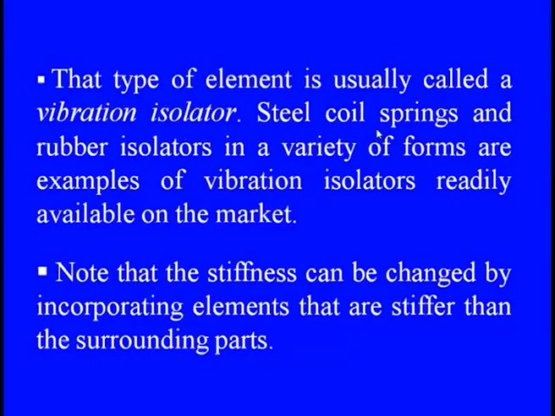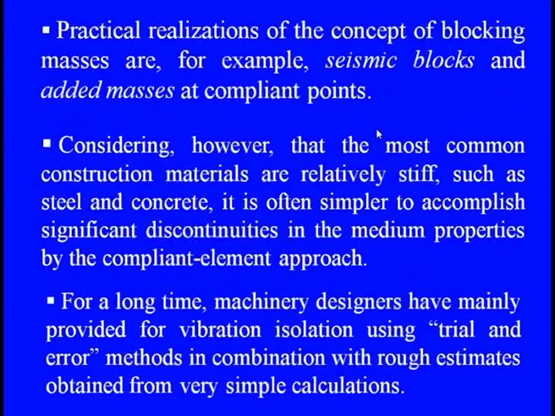The stiffness can be changed even by using different material properties, even in the rubber isolator. And the practical realization of the concept of blocking masses, just like seismic blocks or added mass, is also significant for higher harmonic modes, as we discussed.